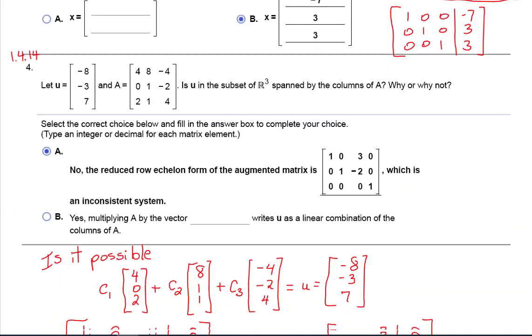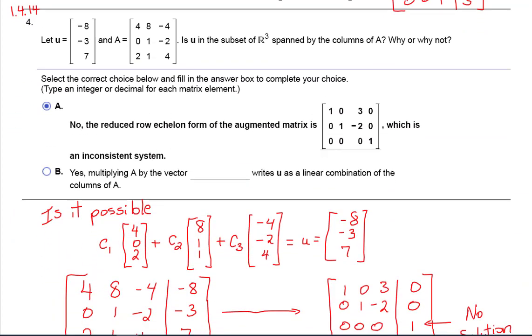Alright, in question 4 here, we have U and we have matrix A. The question is, is it possible that I can find C1, C2, and C3, three constants, where if I take those constants and multiply them by the columns of A, I can get vector U?